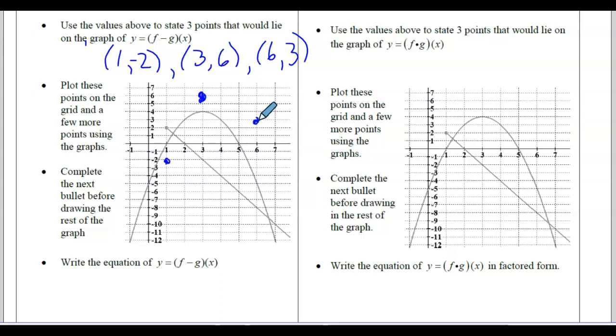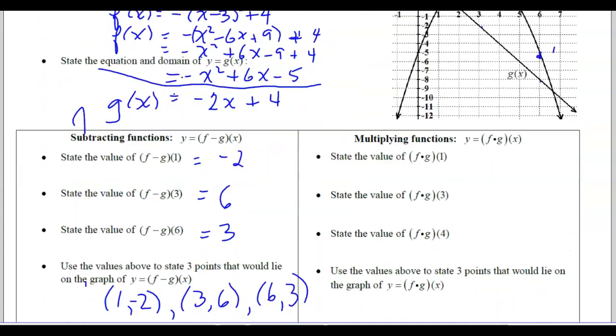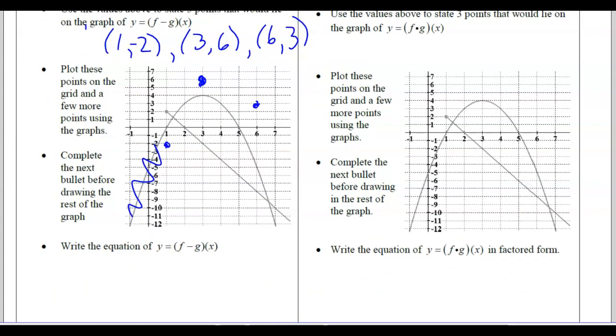Okay, and then a few more points. Because we can't really tell, we know there's nothing going to be to the left there because our g of x is not defined for x less than 1. But let's get a couple more points. So we are subtracting. So remember that our f is the quadratic. So let's do at x equals 2, f is 3, and g is 0.